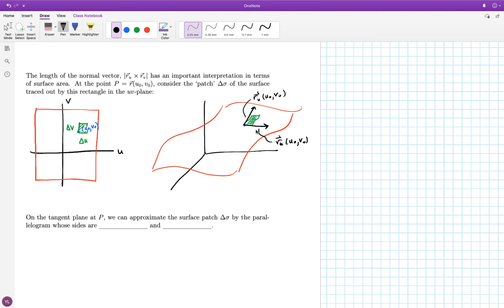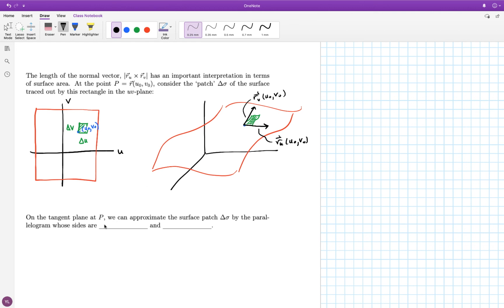But I want to think about constructing a flat parallelogram from these two tangent vectors of appropriate length, given that the green part results from just a little delta u, delta v, and that's going to serve as an approximation for the area of this little bit of the surface.